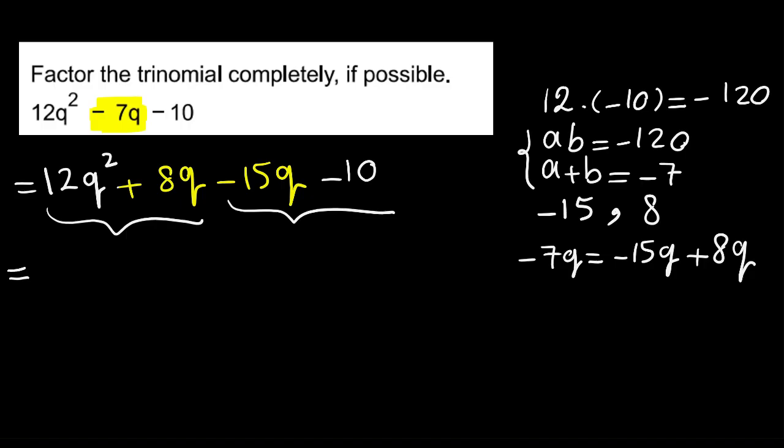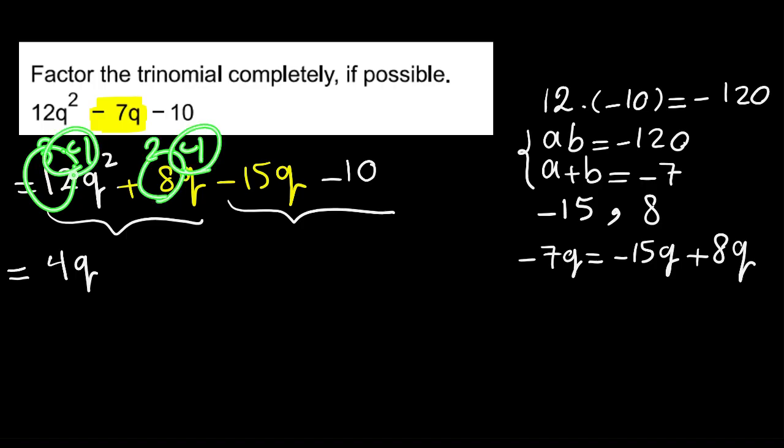Between 12q squared and positive 8q, the common factor is 4q, because 12 is 3 times 4 and 8 is 2 times 4.